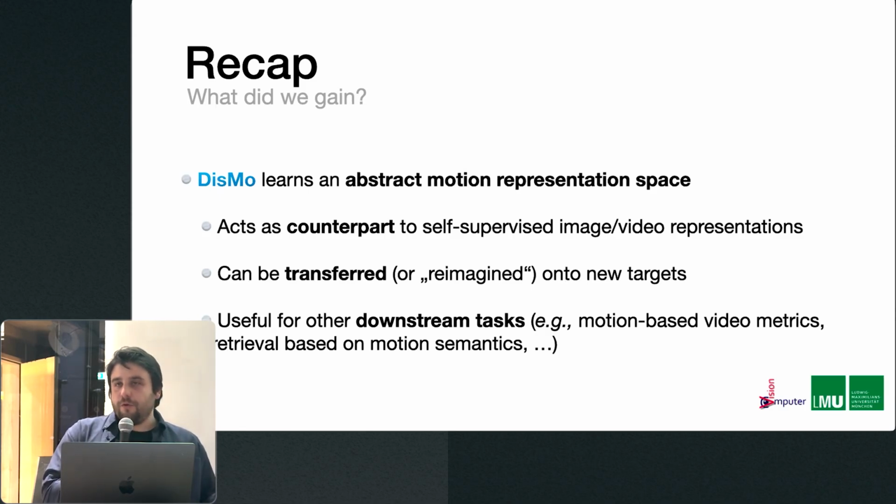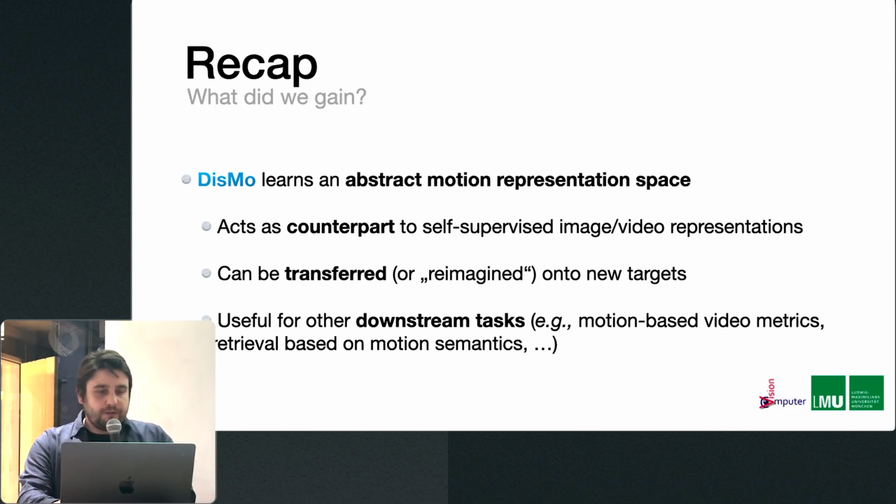Similar metrics could also be used for different motions of a video with these abstract representation spaces. Another thing could be, if you think in a motion retrieval setting, maybe you would like to retrieve similar videos whose actors are performing a similar motion, not necessarily where the actors look similar.